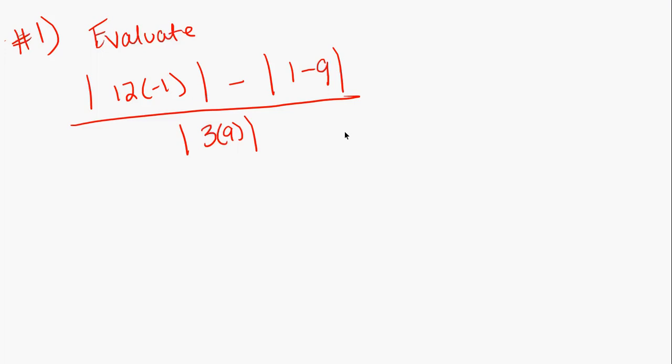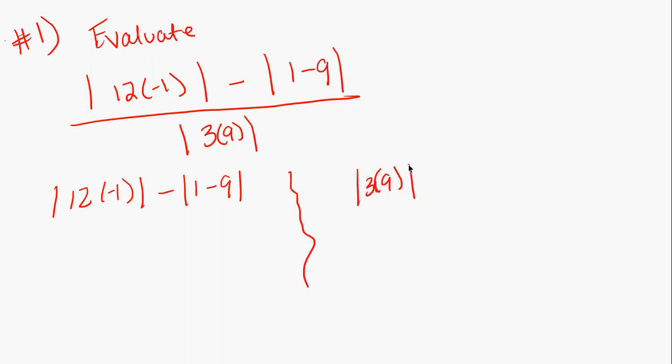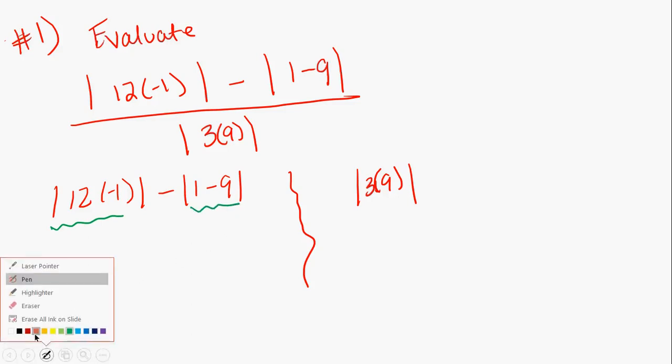So what I like to do at this step is separate it into the numerator and denominator, and then work with it from there. So we know that each of these absolute value symbols need to be solved. So we're going to work in here and also in here, and then we'll bring those together.